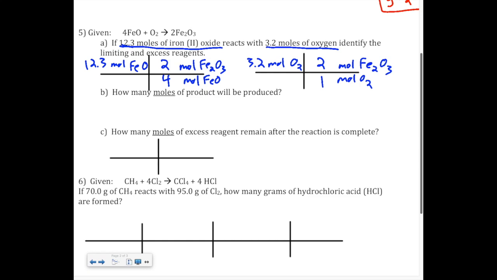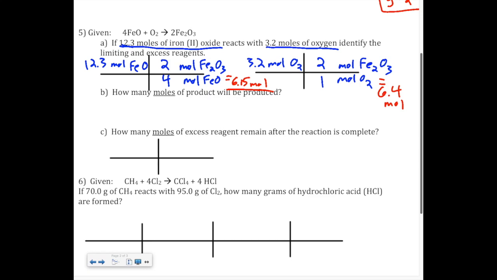So the answers to both of those: this one's going to be 6.15 moles, and then this one is going to be, let's see, 6.4 moles. Okay, so which one's less, 6.15 or 6.4? That's right, 6.15.